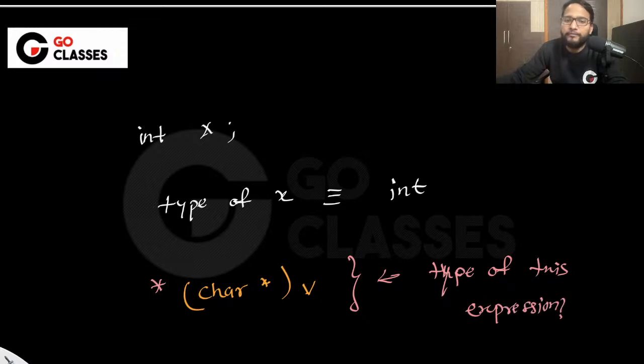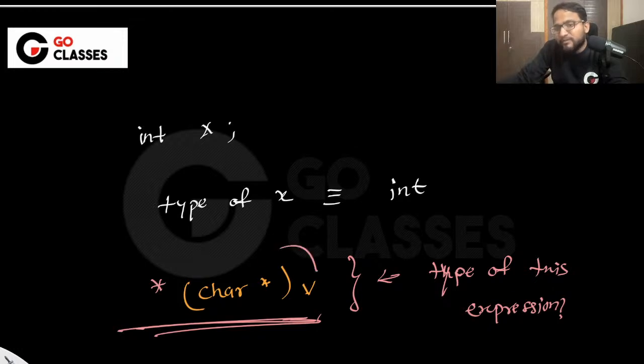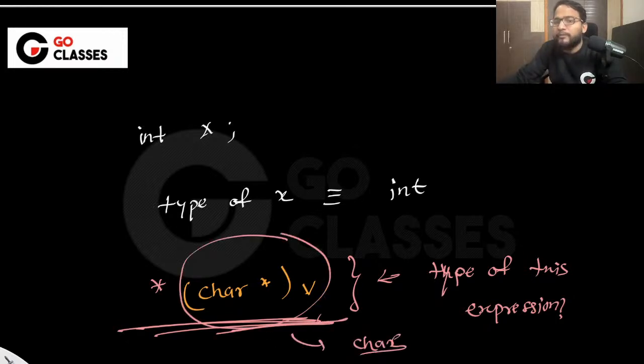Can you tell me? The type of this whole expression will be, anyone quickly? See, this V is getting typecasted with a character pointer, and then you're putting the star. So the type of this is basically just a character, because the type of this is character pointer.